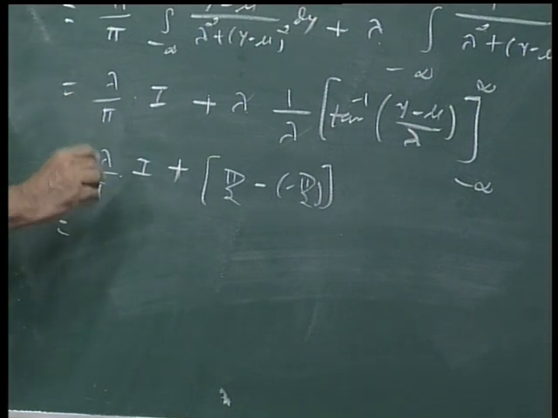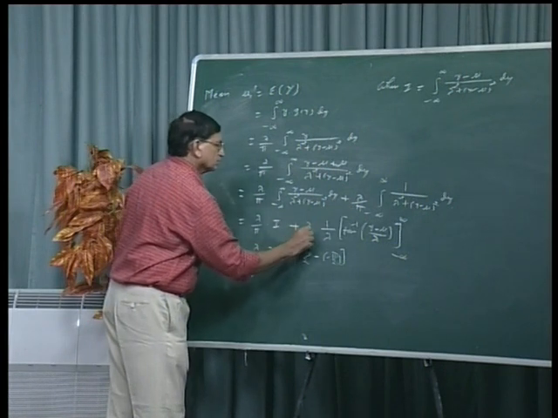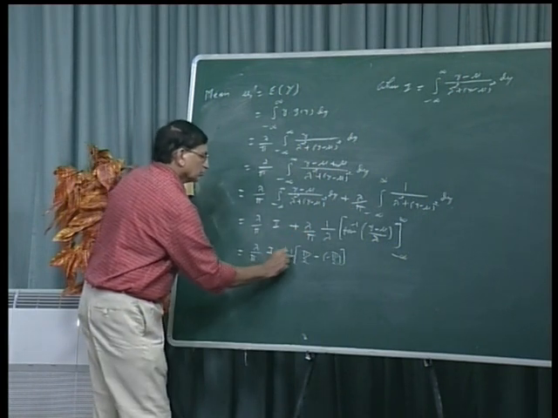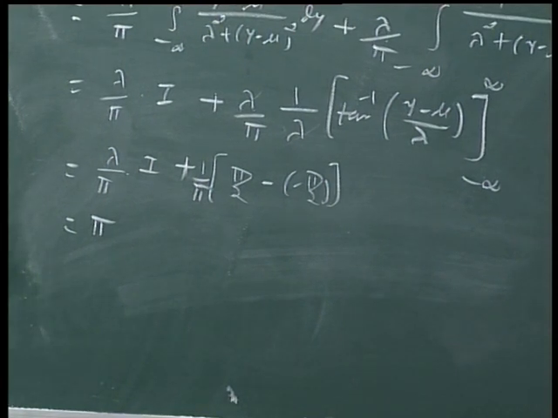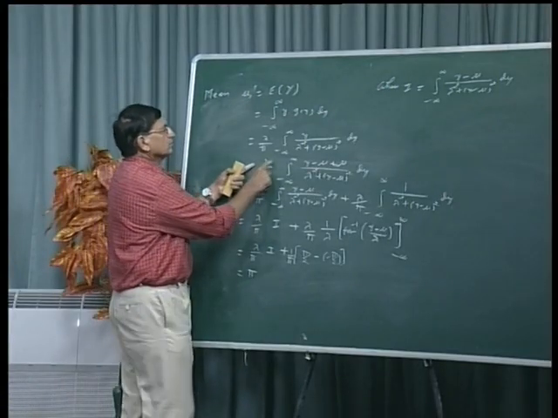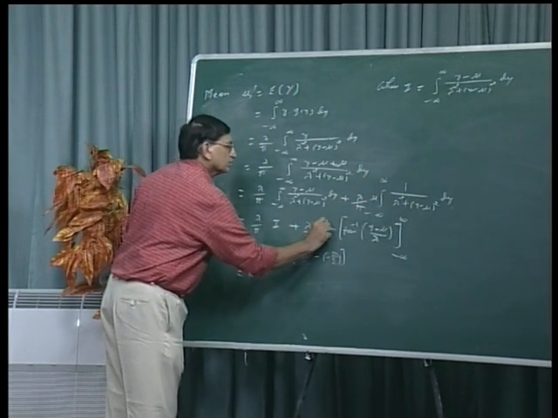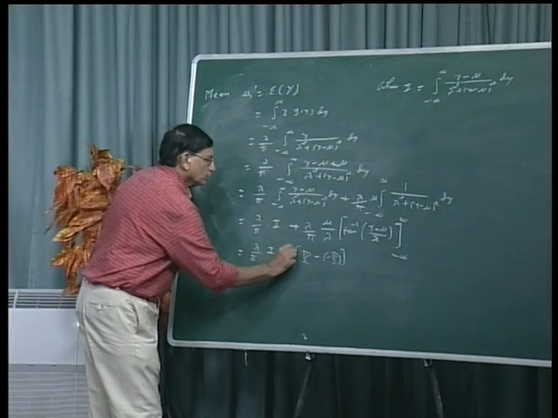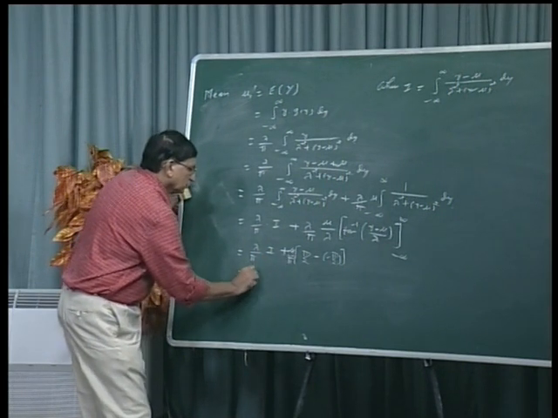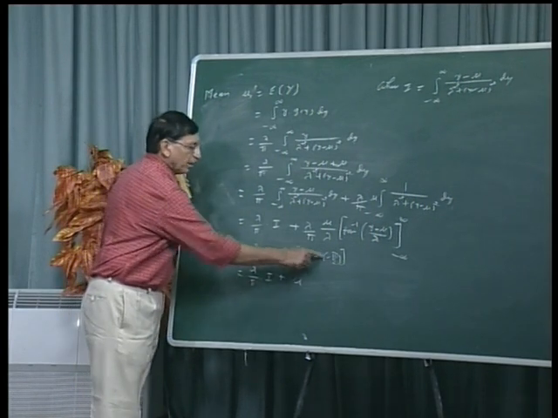So this is pi, and the second term is mu into lambda by pi. So this is lambda upon pi into I plus mu, pi by 2 plus pi by 2 cancels, so mu.